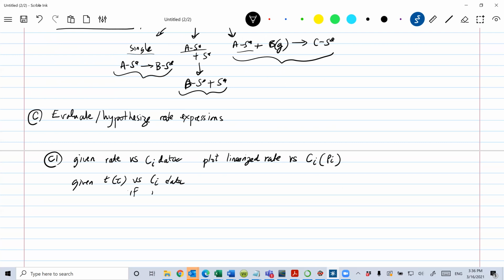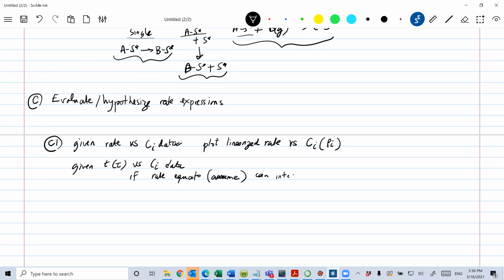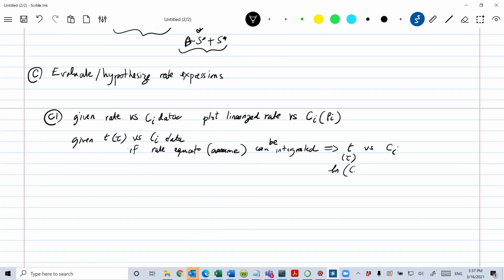If the rate equation that you assume, or derive from a mechanism, can be integrated, then plot time versus C_i, or some form of time versus C_i. In the example we went through, you'd have to plot the natural log of C_A0 over C_A0 minus C_A versus something like t over C_A0 minus C_A, to be able to get the constants out.